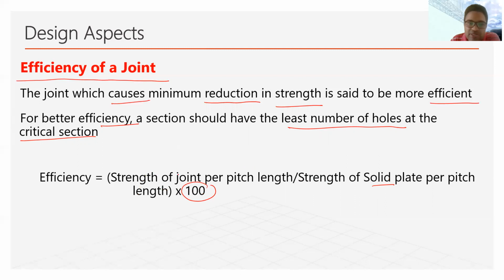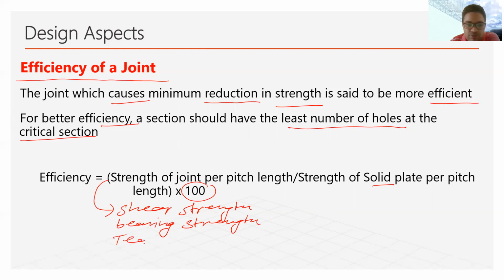The strength of the joint is generally the lesser of the shear strength of the bolt, the bearing strength of the bolt, and the tension or tearing strength of the plate.